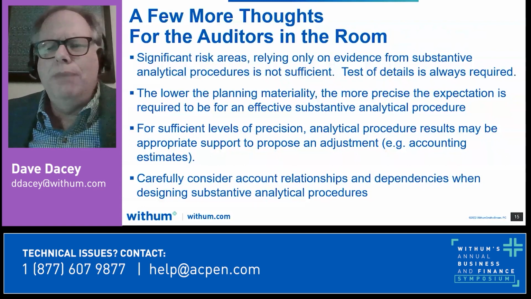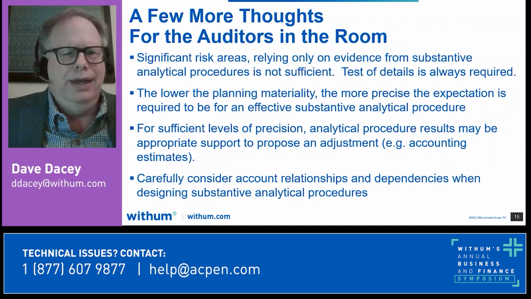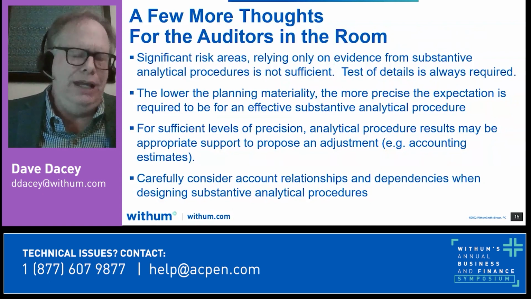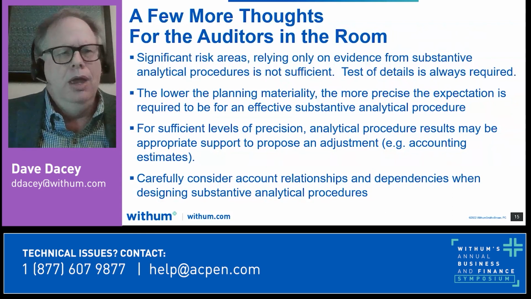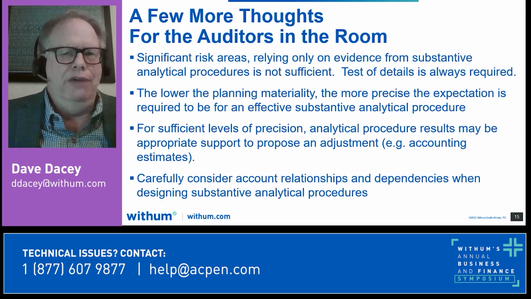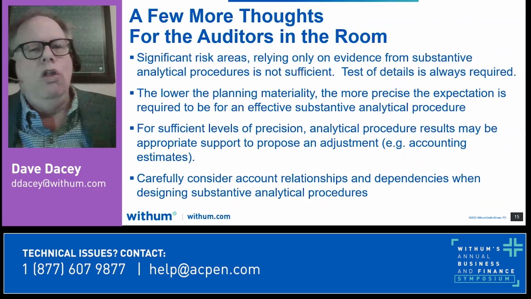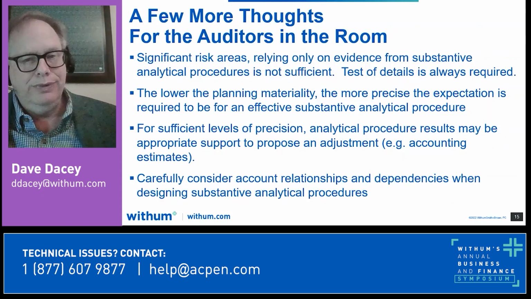So I wanted to bring up a few thoughts for the auditors in the room, okay? And this can apply equally well to the other members in the room who are in private industry. Couple of things. Under auditing standards, if you have a significant risk item, relying only on evidence from a substantive analytical procedure is not sufficient.